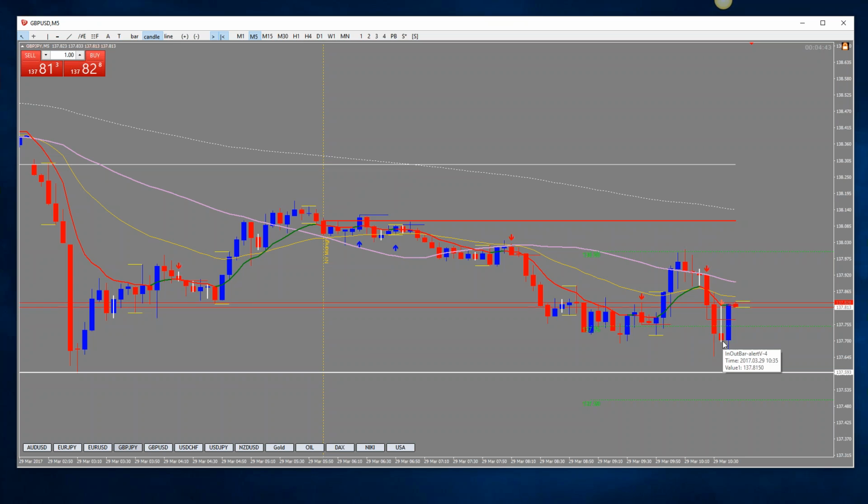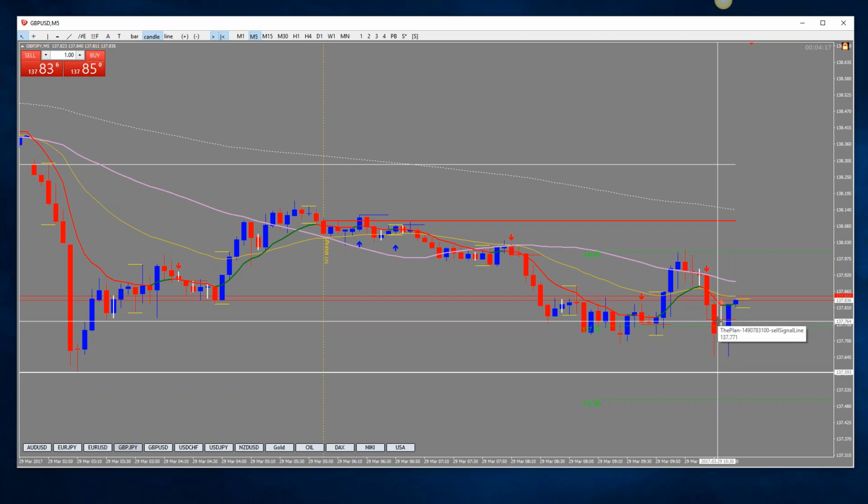I was looking for a break. Here we had the signal. There's the 10. Then we had the signal break. We had it close below, break below the 75. So this trade was based on this inside bar here.